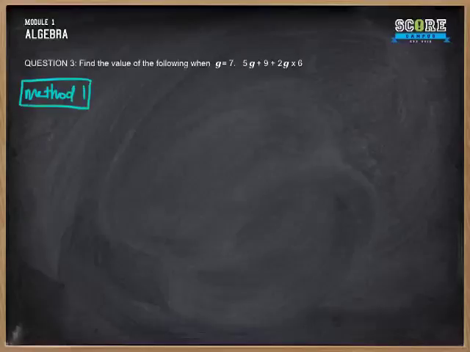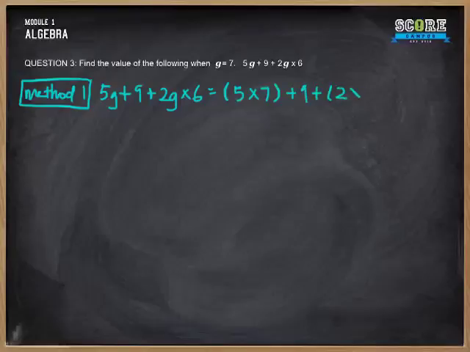The first method is to substitute each g with the value of 7 first. So that's method number 1. I'll write the expression first: 5g plus 9 plus 2g times 6. Let's plug in the value of g. You get, in brackets, 5 times 7 because it's 5g, plus 9 plus 2 times 7 to represent 2g, times 6.